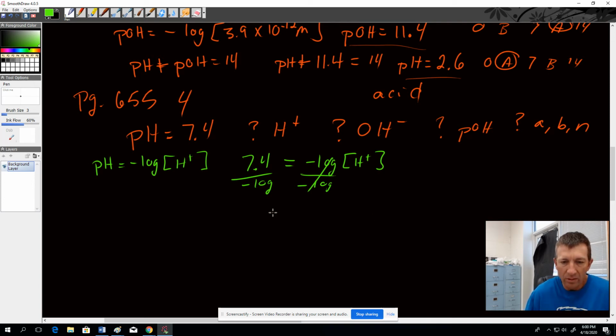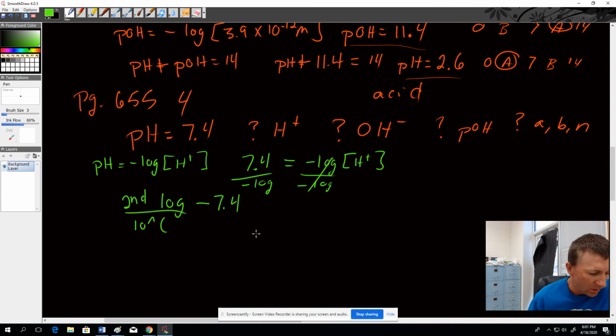Again, the way you do it on your calculator is you go second function log, and it's going to bring up something like 10 with a little caret and parentheses. Then you enter negative 7.4.